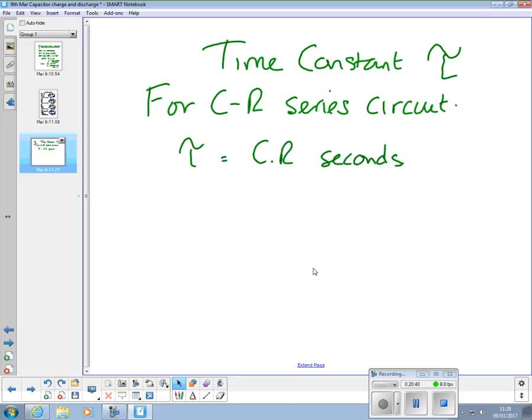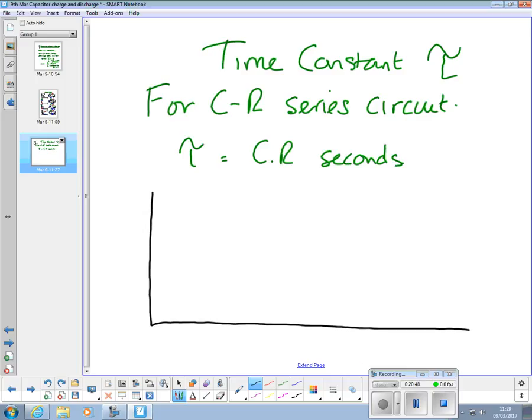What I'm going to do now is explain in graphical terms what's meant by the time constant. T in seconds, VC, the capacitor voltage in volts. And here's our V max, 10 volts.